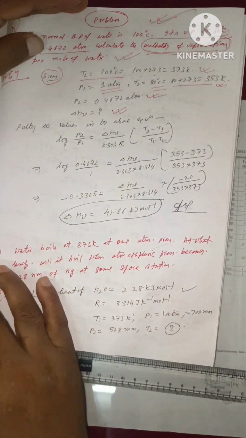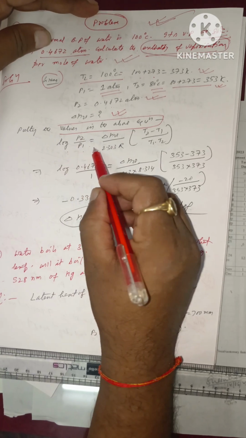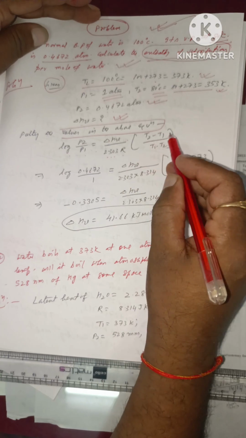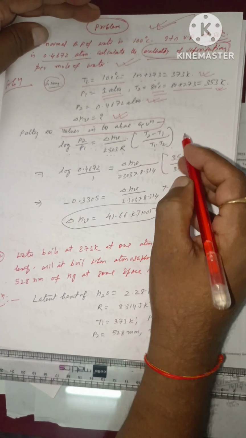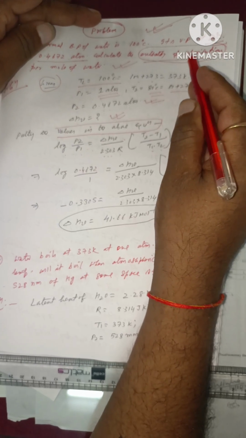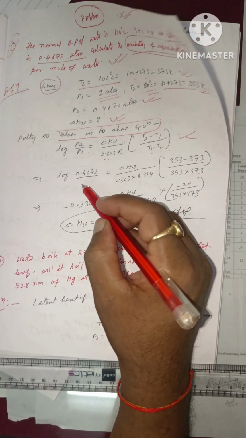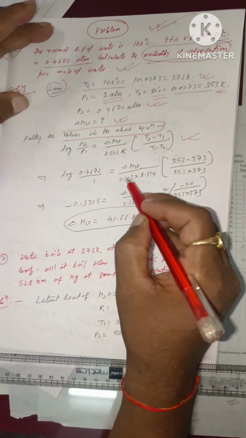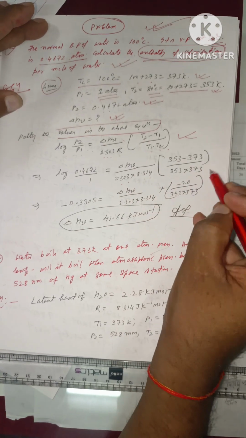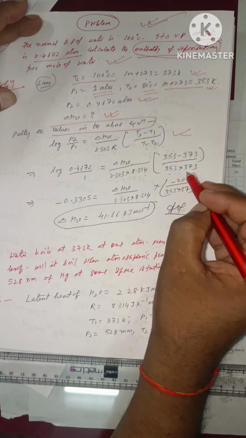So using the Clausius-Clapeyron equation, as we know, log P2 upon P1 is equal to delta H vaporization upon 2.303 R, within bracket T2 minus T1 divided by T1 T2. Putting the different values as we have been given, we have log 0.4672 upon 1 is equal to delta H into 2.303 into 8.314, within big bracket 353 minus 373 divided by 353 into 373.